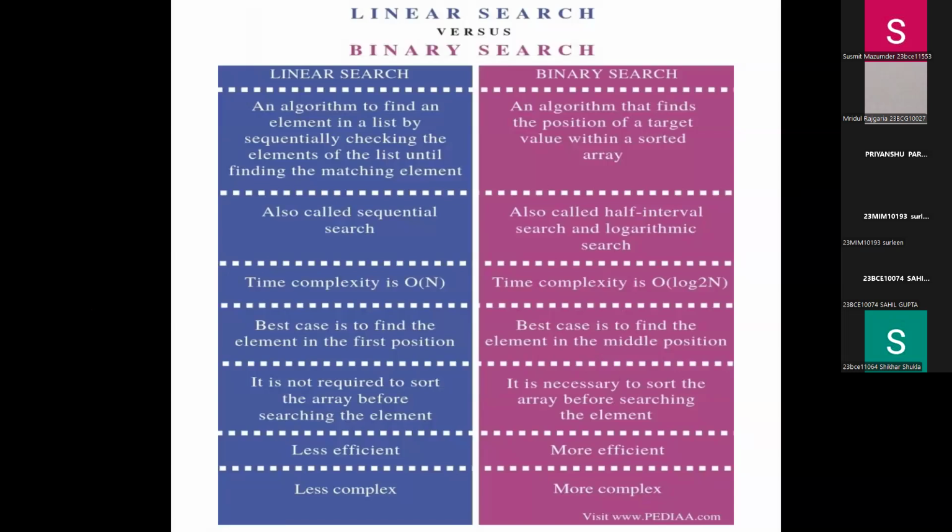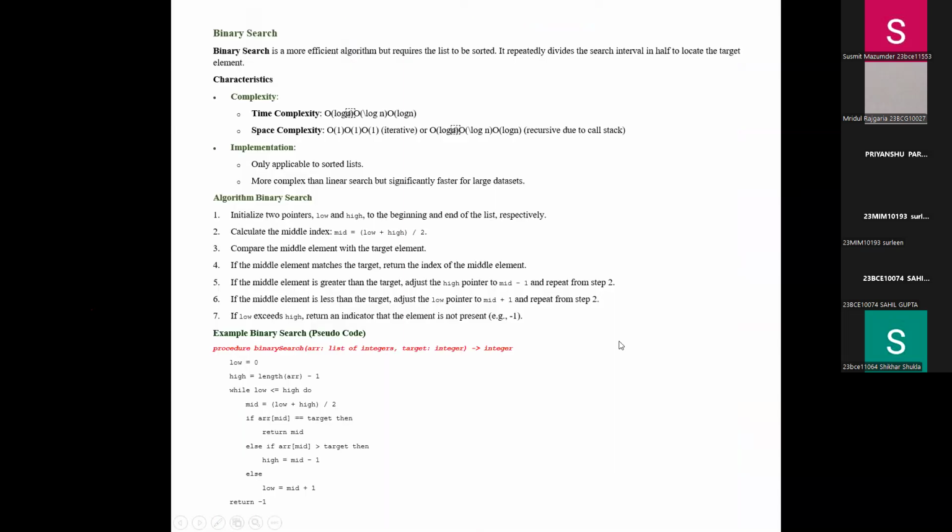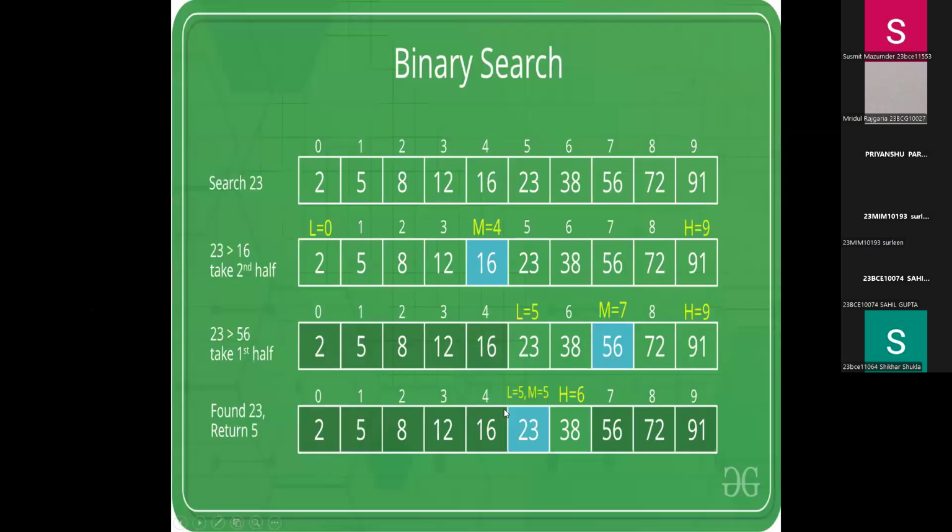The time complexity is order of log n. In the best case, the element is found in the middle position, which is the first comparing position. It is necessary to sort the array before searching for the element. If you are using a sorted array, the complexity will be reduced. It is more efficient and more complex also. So we took the binary search definition, time and space complexity, algorithmic steps, and pseudocode.